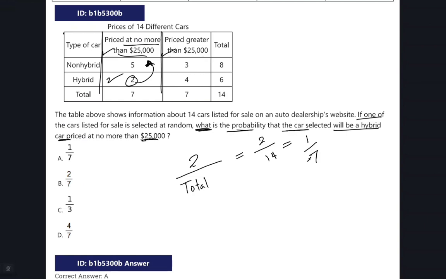So you're going to get that table and pick one car out of 14 different cars, and 2 of them are the ones you're favoring, the desired pick. So 2 out of 14 is 1/7. The final answer is 1/7.